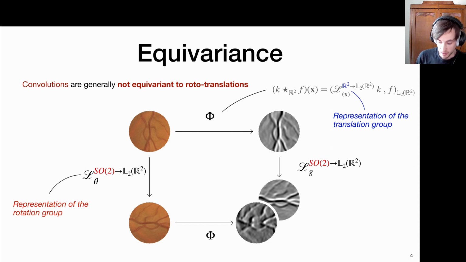And this is obvious from this point of view, where we see that the convolution or correlation operator is defined by the representation of the translation group. And here we're dealing with the rotation group, the representation of the rotation group. So there's, let's say, a mismatch between groups used in the construction of the correlation operator and what we're actually interested in. And so we're going to fix that.